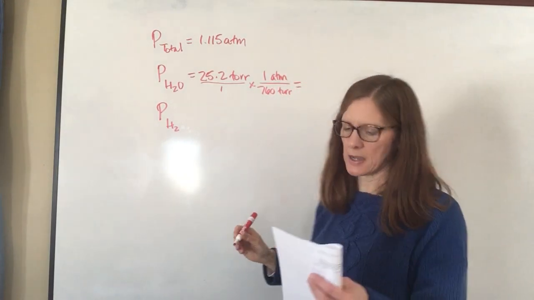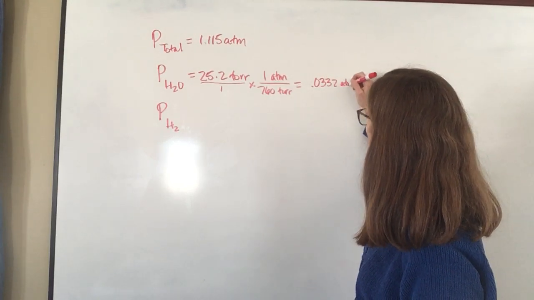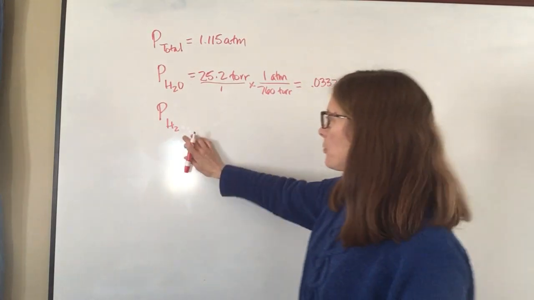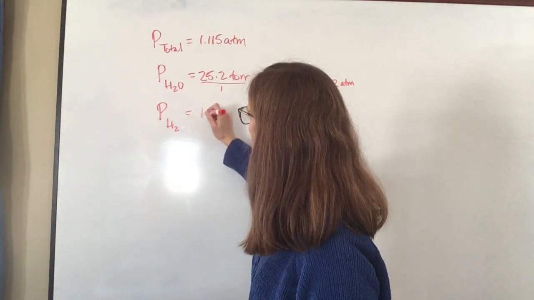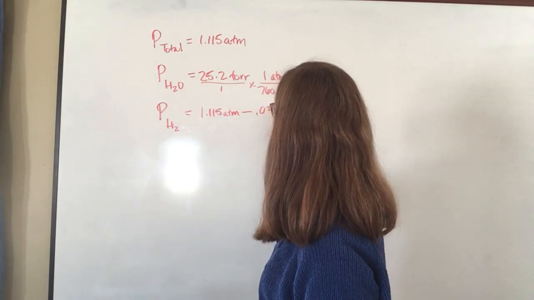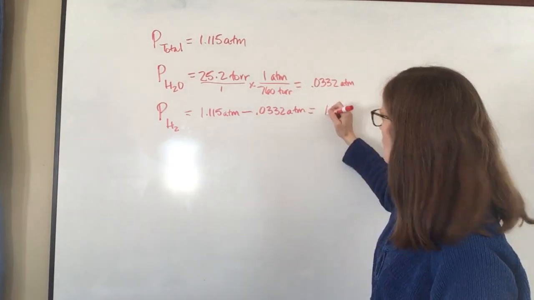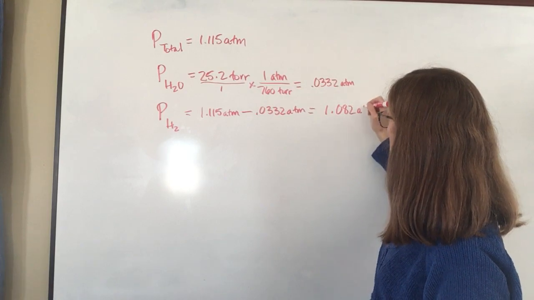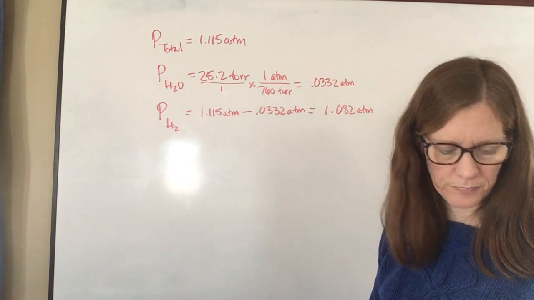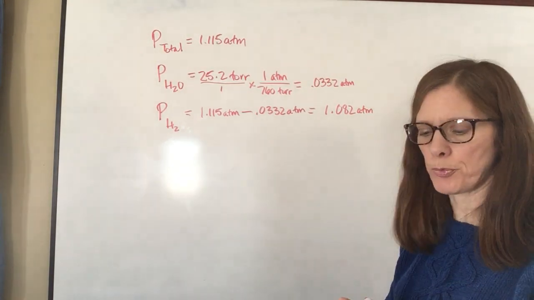When I do that conversion, I have 0.0332 atmospheres for the water. Then the pressure of the hydrogen is simply 1.115 atmospheres minus 0.0332 atmospheres, which gives me 1.082 atmospheres for the partial pressure of the hydrogen. So additive effects here because of Dalton's law of partial pressures.